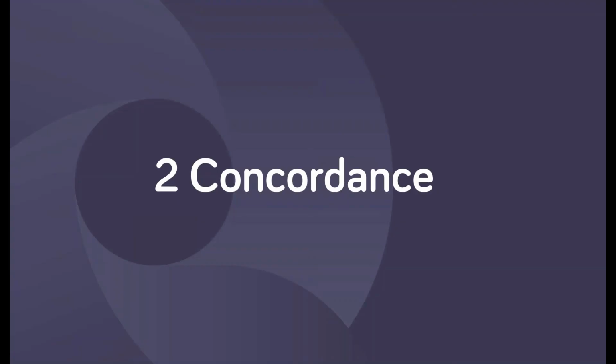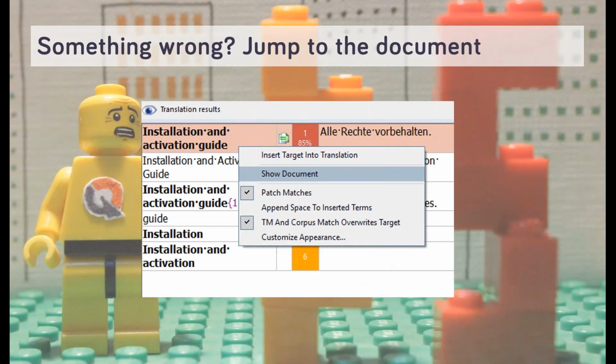And I want to show you one more thing. I wanted to show you a list of matches in the translation results pane, where memoQ gives you the suggestions from all the resources that you have in the project. And at the bottom, notice the orange hit here. So the thing that I call automatic concordance also works here.